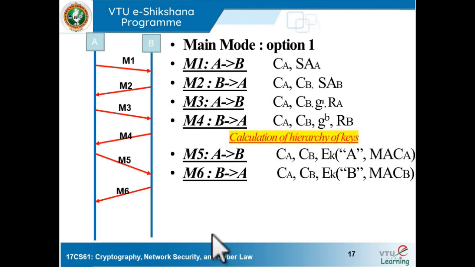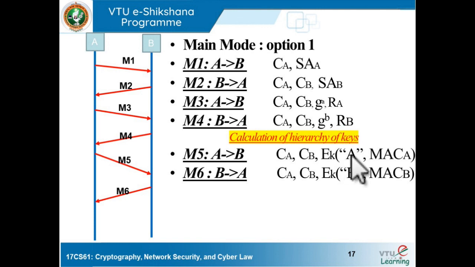Over here we can see that in case of message 5, which is exchanged from A to B in the main mode of option 1, A is sending the cookies for A and B. Along with that, it is encrypting the identity of A along with the information, that is MAC A, which it has computed after step 4.